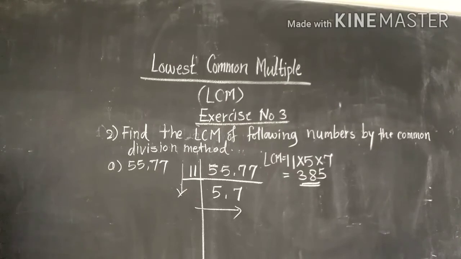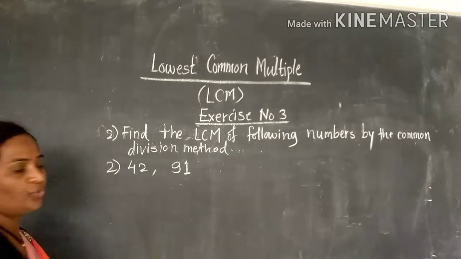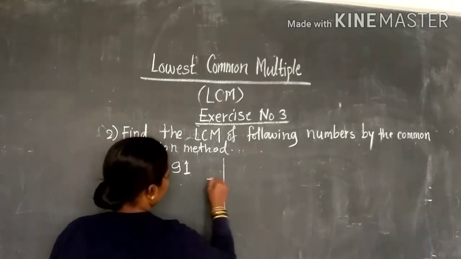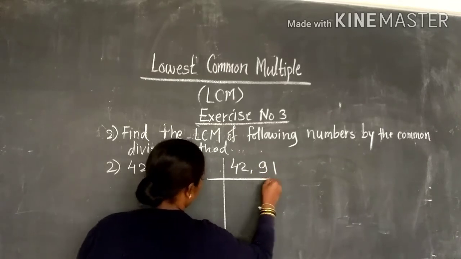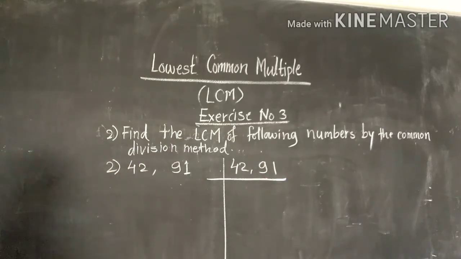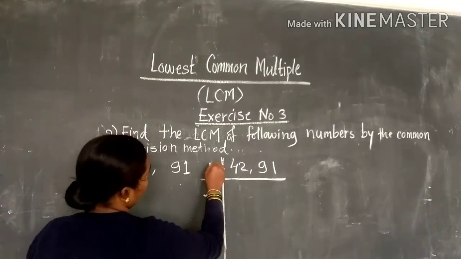We will take the next numbers, that is 42 and 91. So you should write here 42, 91. By which number can they be divisible, that we have to see. It will be divisible by 7.